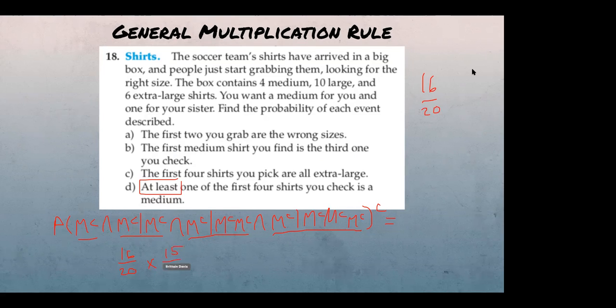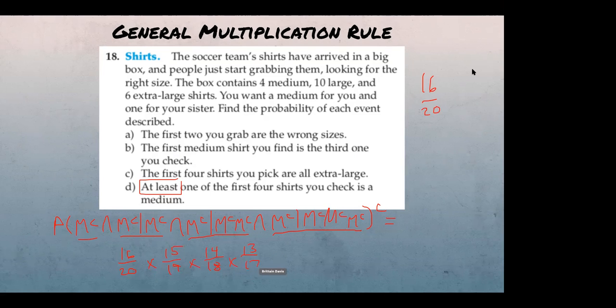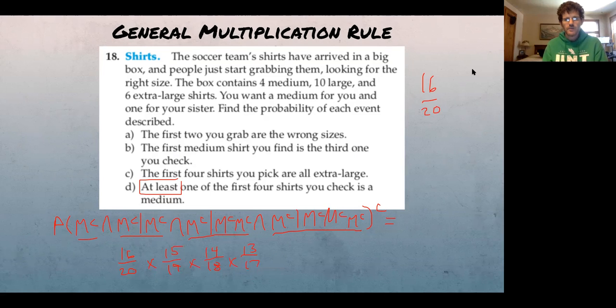All right, the next one. 14 over 18. And the last one. 13 over 17. There we go. That's the probability of getting no medium shirts. And because we're doing the complement of this, I'm going to do 1 minus that probability. Okay, so now you can plug that into your calculator.